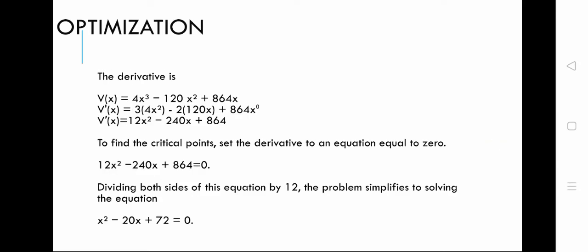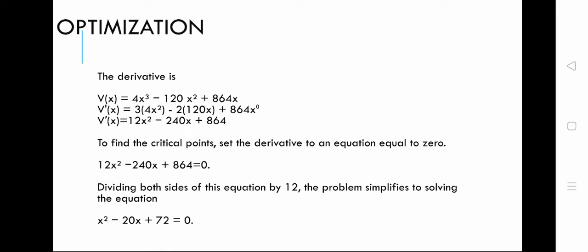So the derivative, let's go back to the function. V of x is equal to 4x cubed minus 120x squared plus 864x. V prime of x, so na-derive na natin. V prime of x is equal to 3 multiplied by 4x squared minus 2 multiplied by 120x plus 864x raised to 0.